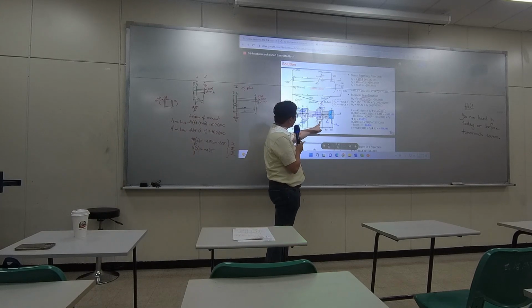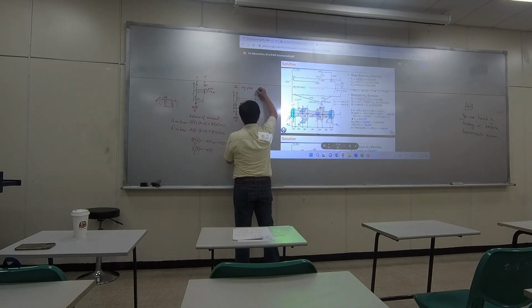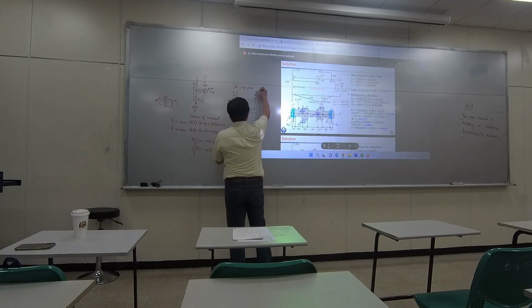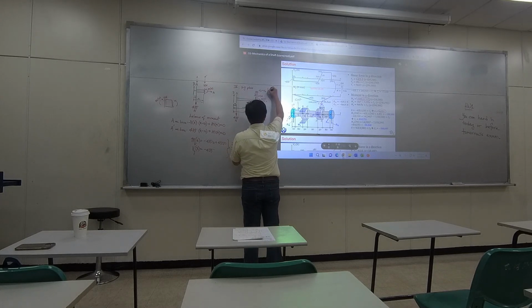From D to some position X, now you are experiencing some part of the distributed load, and they are going up like this. Some portion of the distributed load, and we said they are basically W3 plus W4 in the unit of Newton per, I think, millimeters.